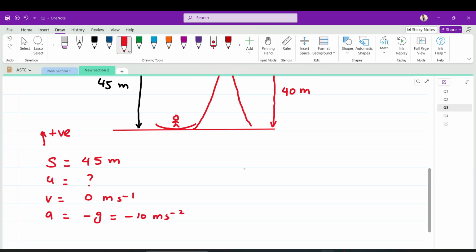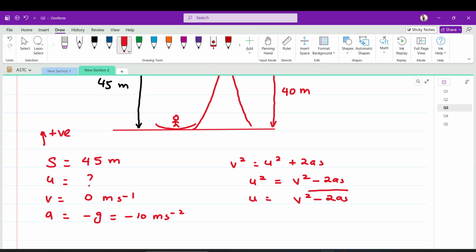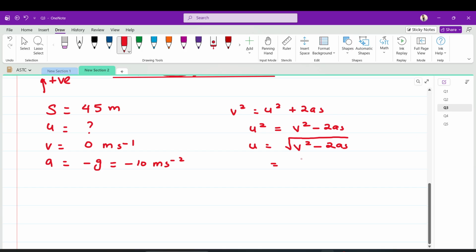So here we can use the equation v squared equals u squared plus 2as. First we will make u squared the subject. So that will be v squared minus 2as, and u will be under root v squared minus 2as. So now we can just plug in the values. This will be 0 minus 2 times minus 10 times 45, and then taking the square root.